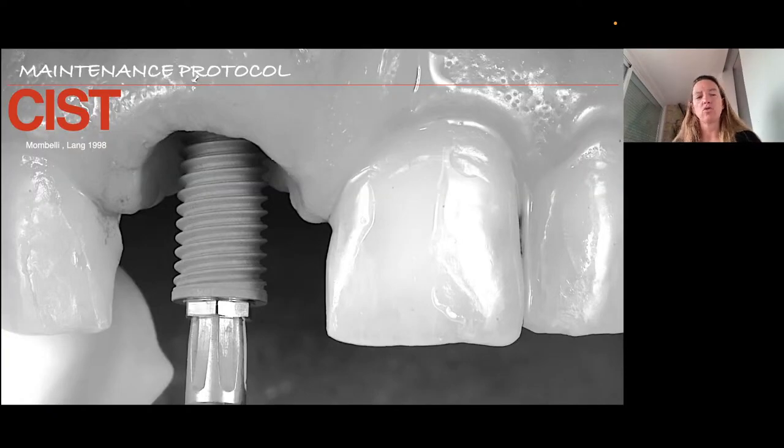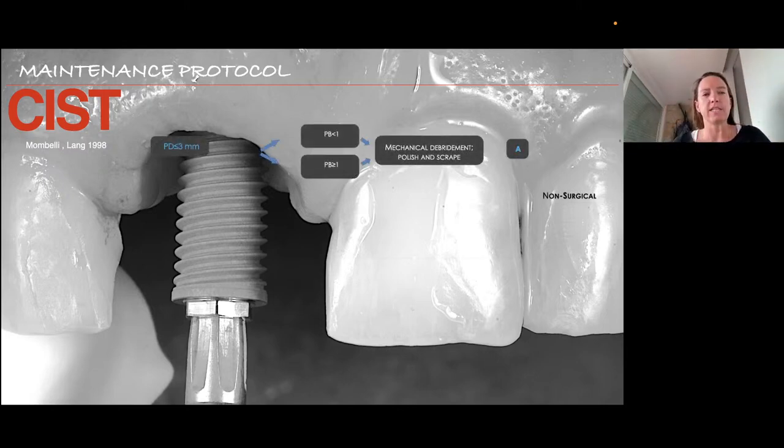So when it comes to the evaluation of our maintenance protocol, this is a cumulative interceptive supportive therapy where we can see the evaluation. With a pocket depth less than 3 millimeters, whether or not there is bacterial plaque, we will always do a mechanical debridement and polish.